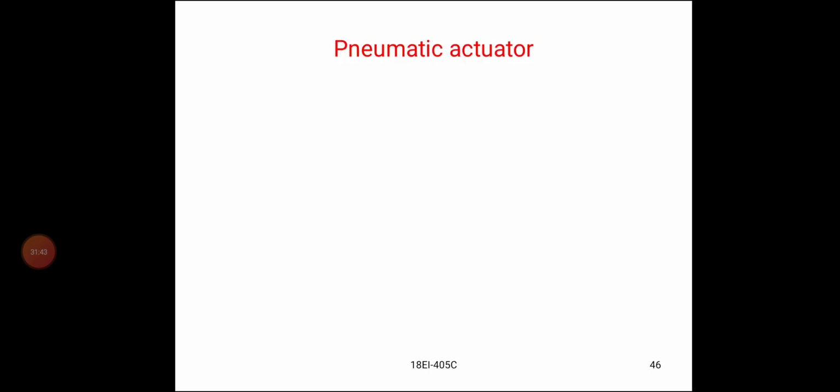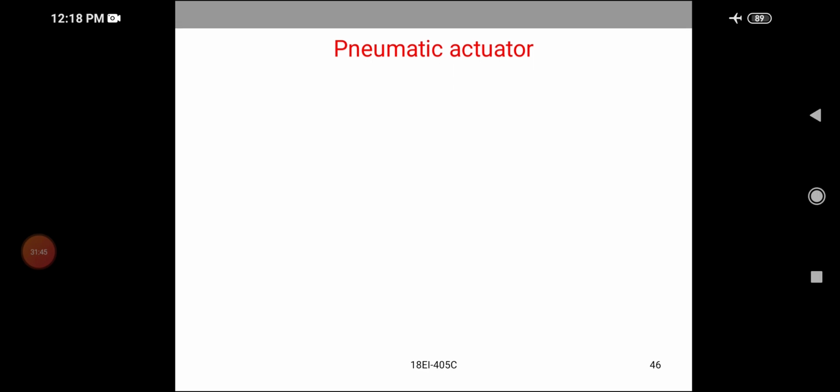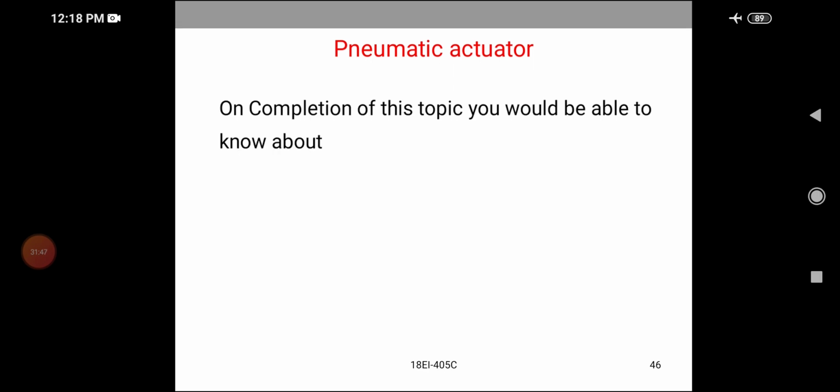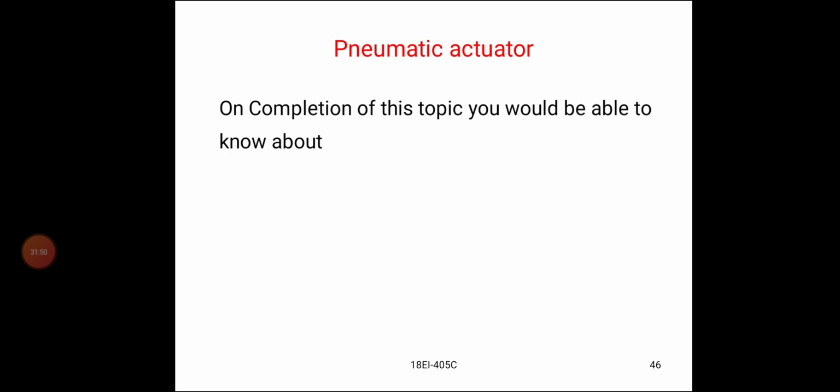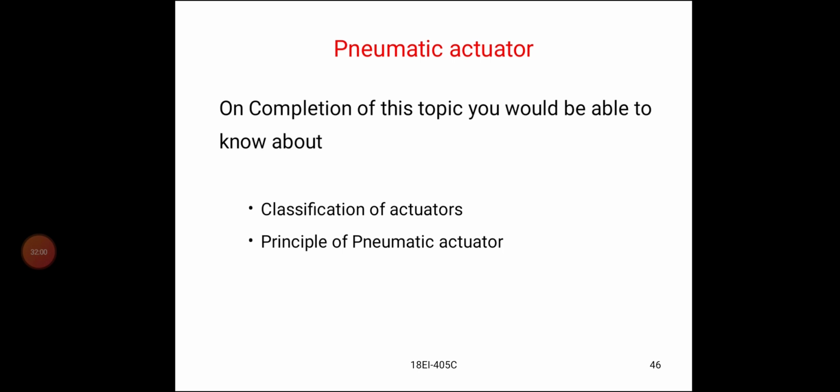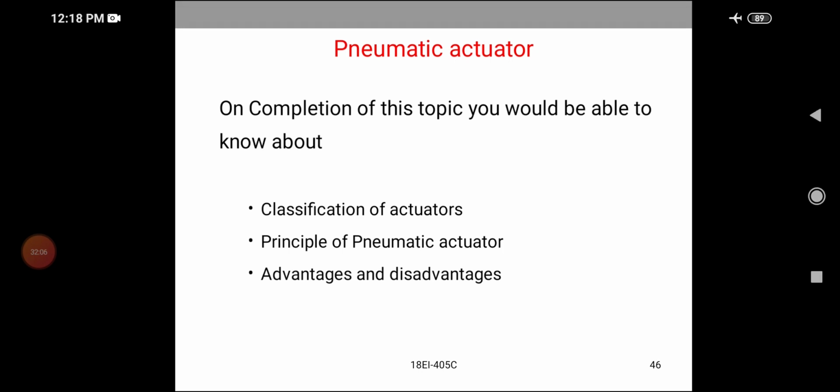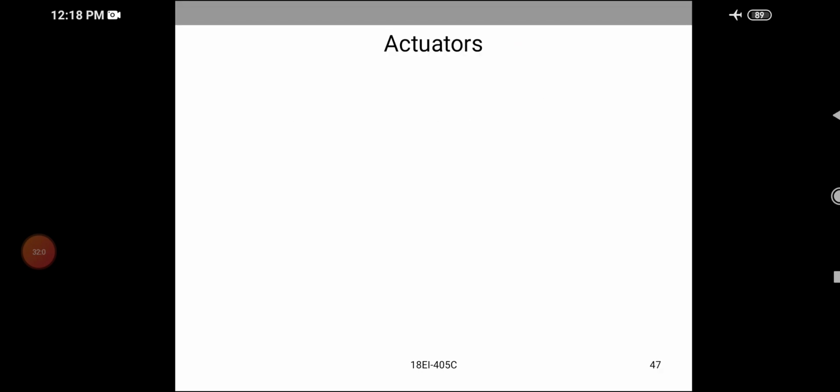Next topic is pneumatic actuator. On completion of this topic, you would be able to know the classification of actuators, the principle of pneumatic actuator, and the advantages and disadvantages of actuators.